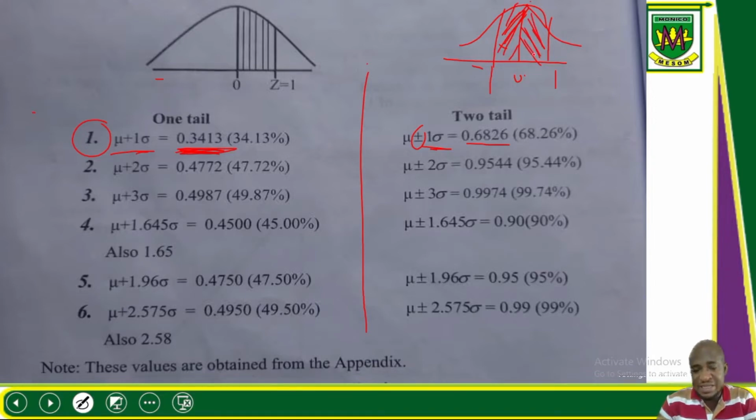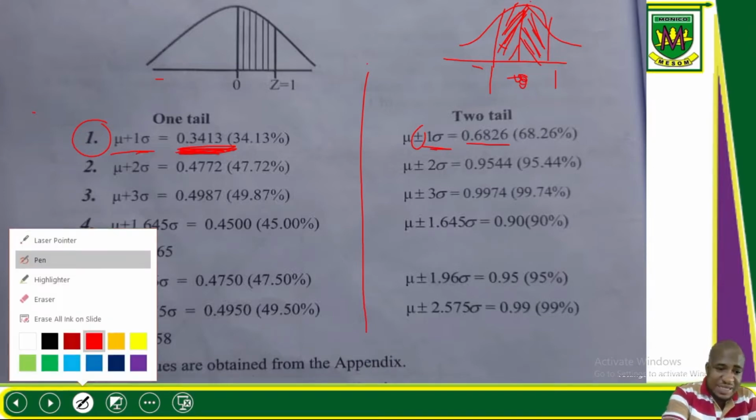So I said that when it is two-tailed, all you have to do is check for its one-tailed and add it to itself. So if it was one-tailed, it would have been what? 0.3413. So two-tailed will be 0.3413 plus another 0.3413, because we have moved in both directions.